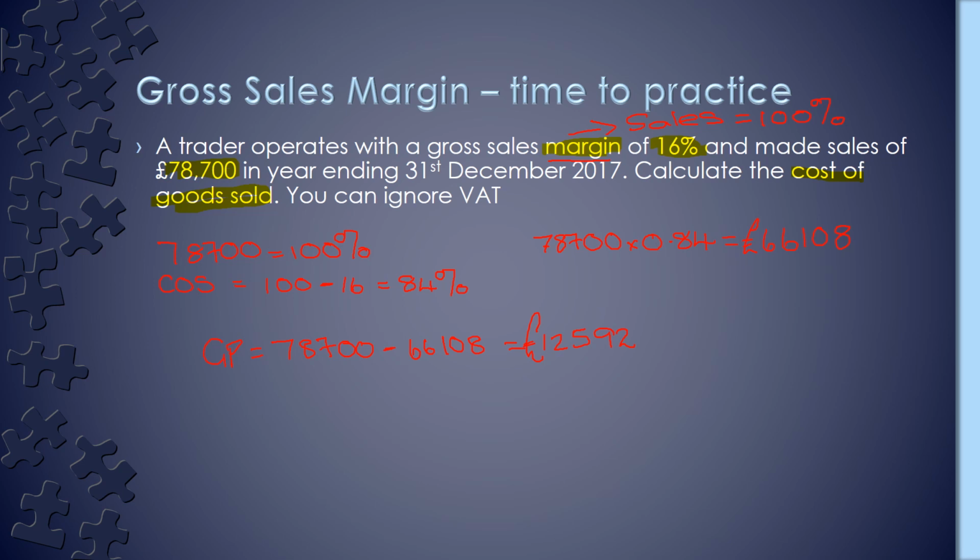So if that's our gross profit in monetary terms, we can then go back and prove that our margin is correct. So we can then do our gross profit divided by the sales. Remember, we're basing everything on sales here because we're working with margin.